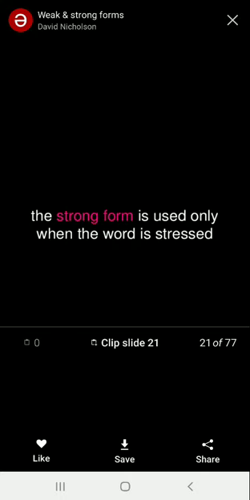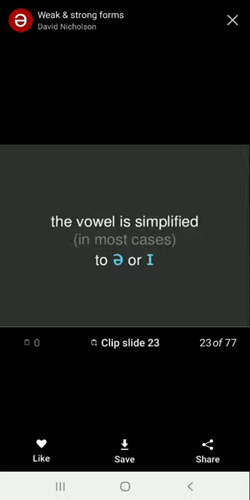So stressed are always strong, unstressed are always weak. Mostly strong forms come at the end of the sentence, when it is the last word.